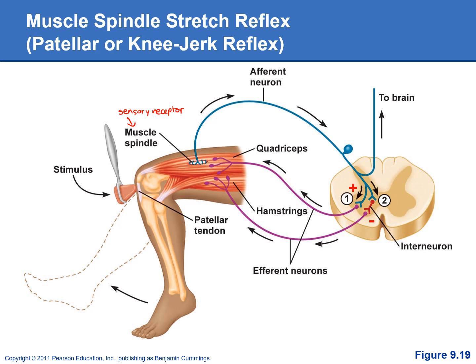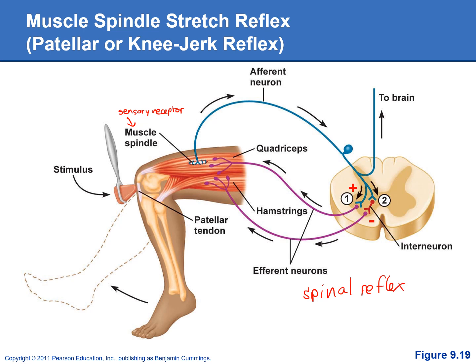All right, so classifying this muscle spindle stretch reflex, or patellar or knee-jerk reflex, is this going to be a spinal or cranial reflex? So hopefully you said that this is a spinal reflex because it involves the spinal cord.